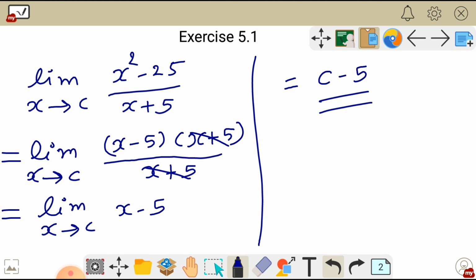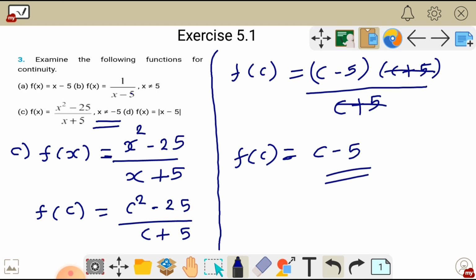So as you can see here, we get c minus 5 as the limit of this function, and here also f of c is c minus 5.